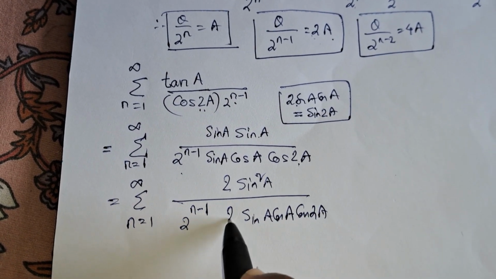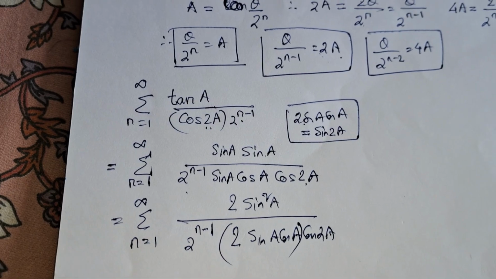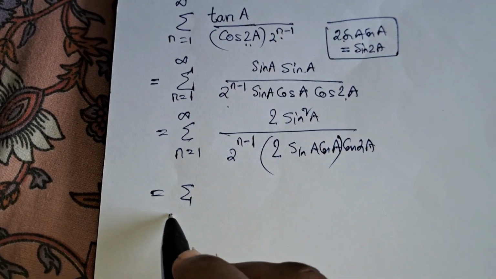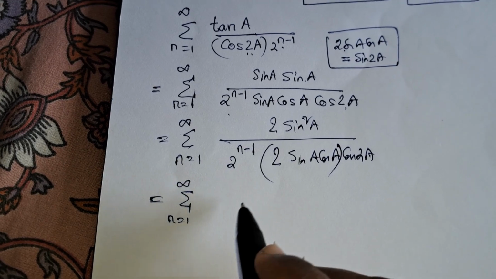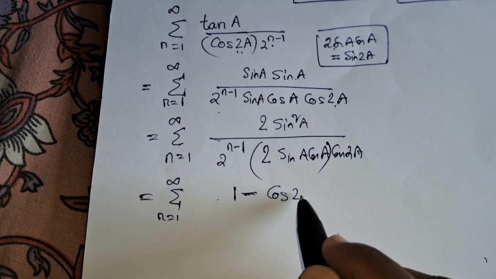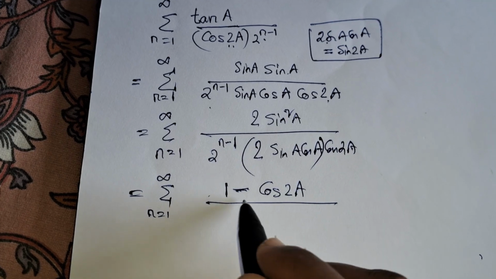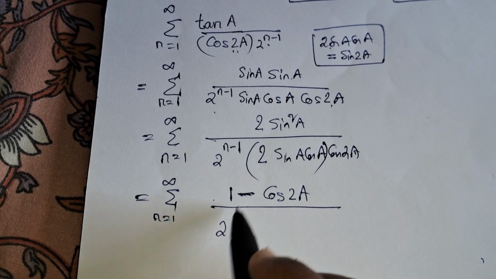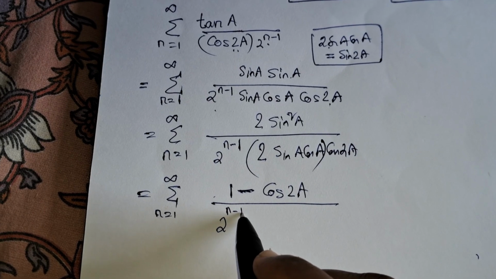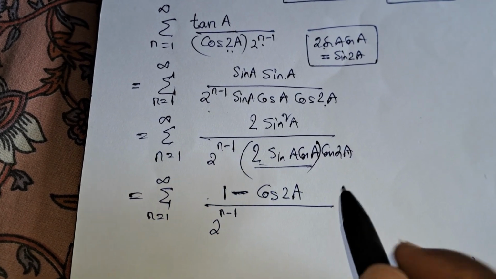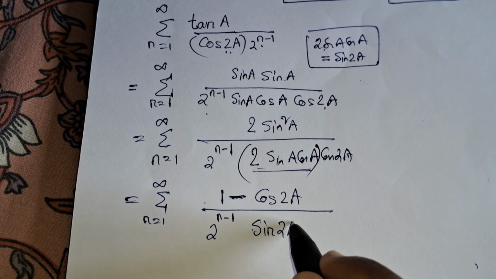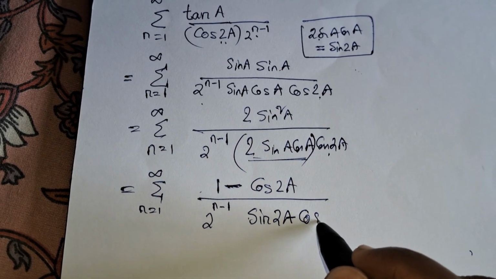Now write 1 2 over here, 1 2 over here. Summation n to infinity. 2 sine square means you can write 1 minus cos 2a, double angle formula, and this becomes sine 2a. Already there was cos 2a.